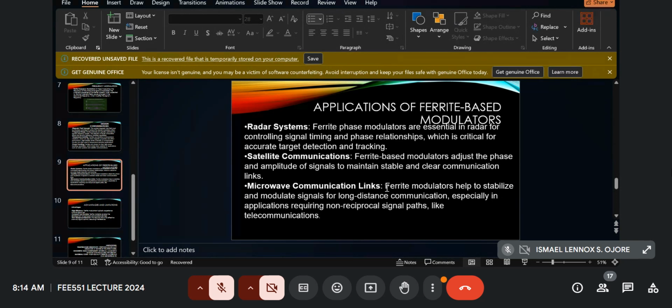In the next, we have applications for ferrite-based modulators. Radar systems, where ferrites are essential for controlling signal timing and phase. This is because they can handle large power.